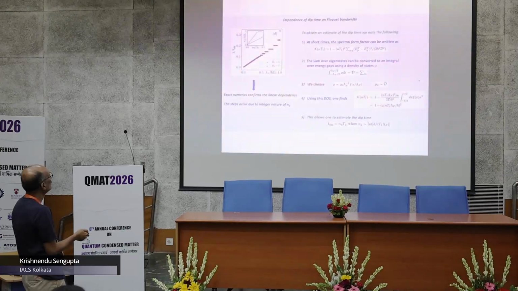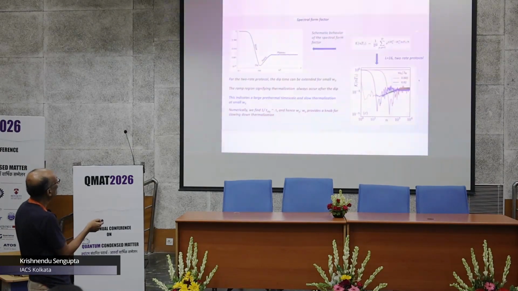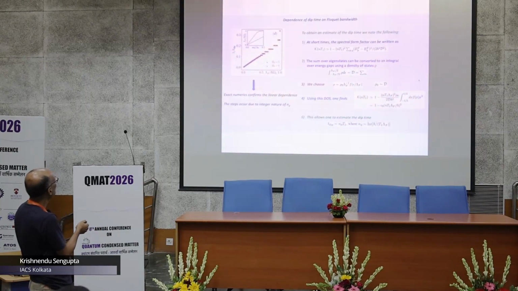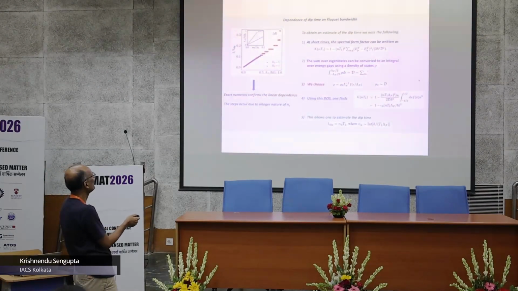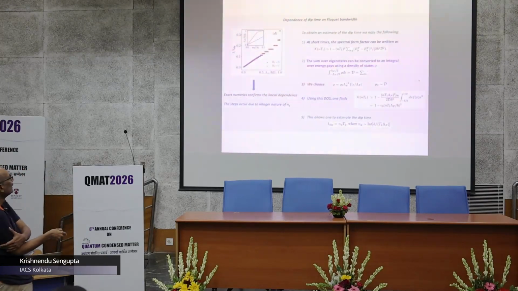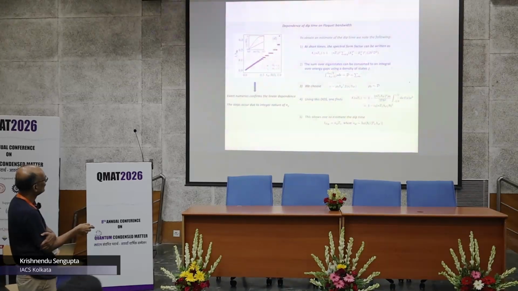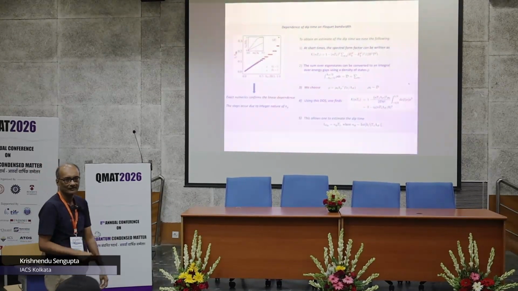Okay. Now one can do a small analytical calculation. So you see that this spectral form factor is just the sum of this exponential of these Floquet energies, and if you are doing this at small time, you can sort of expand this, and then the sum over these Floquet eigenstates can be converted to an integral, and after doing some calculation, the result that you get is that the dip time essentially goes as the inverse of the Floquet eigenspectrum length.